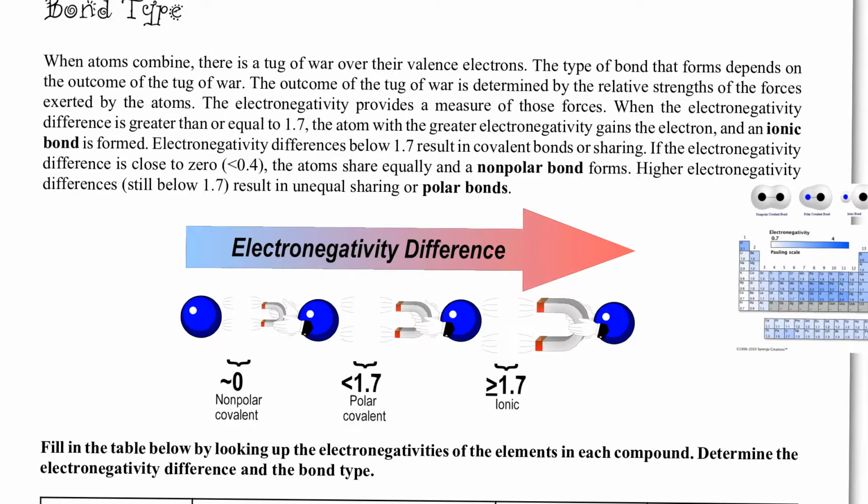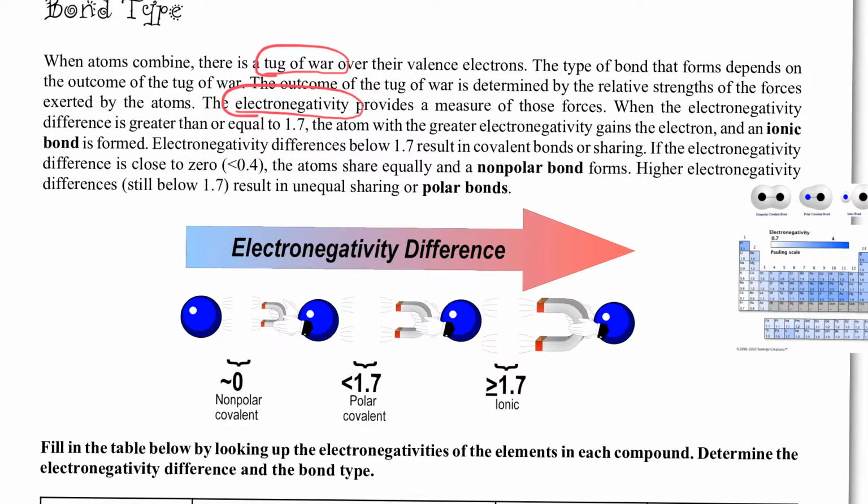If I'm unraveling this introductory paragraph here, I'm seeing that they're describing a tug of war over valence electrons, and the type of bond that forms depends on the outcome of that tug of war, and that outcome is determined by the strengths of forces, which is measured by something called electronegativity.